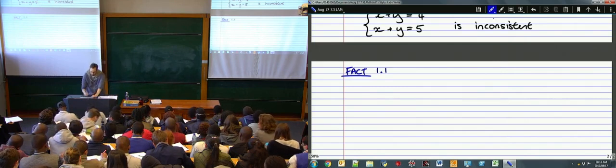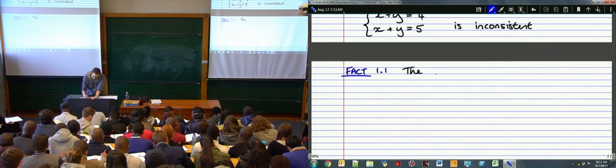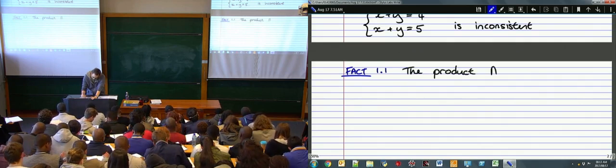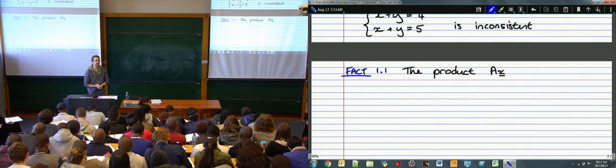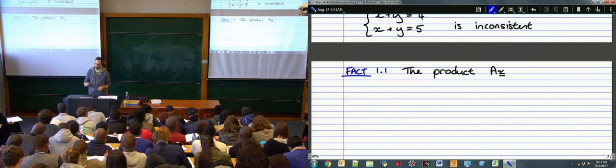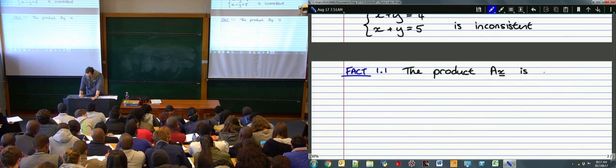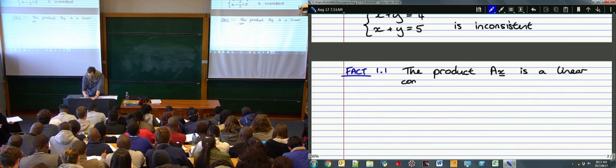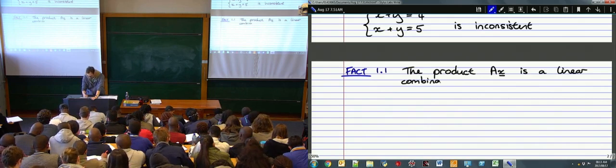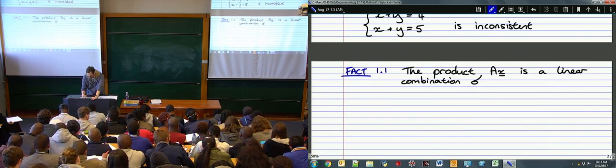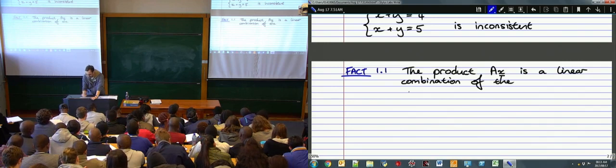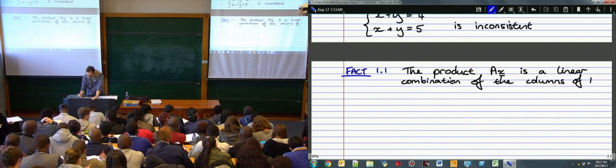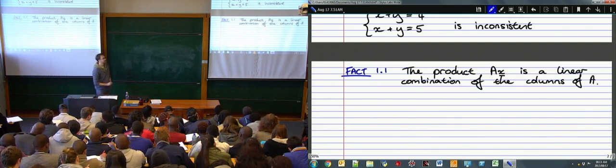It's that the matrix product, this product Ax, is a linear combination of the columns of A.